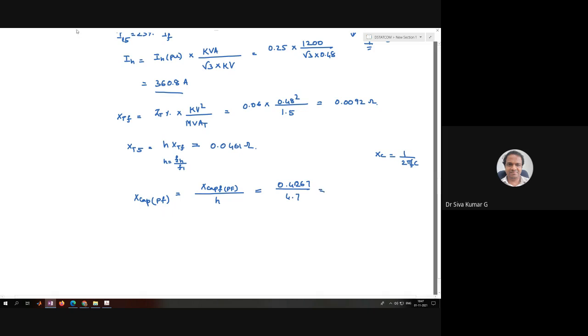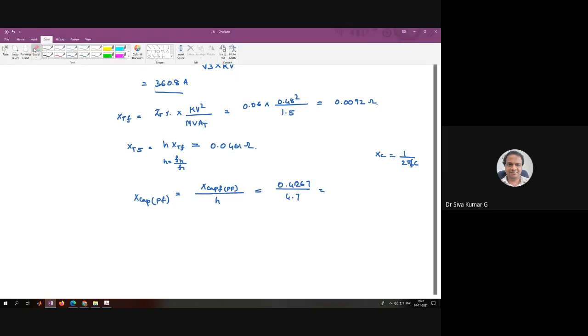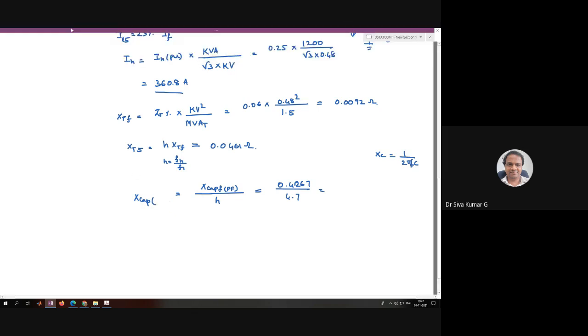We are going to evaluate the capacitive reactance for the fifth harmonic. We get the value of 0.0853 ohms.